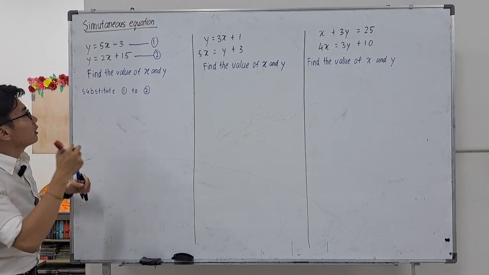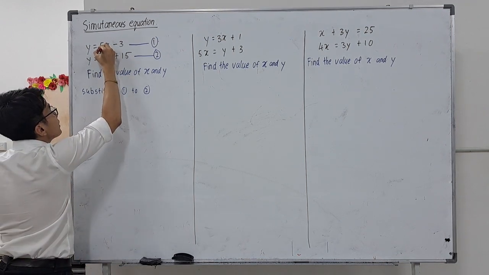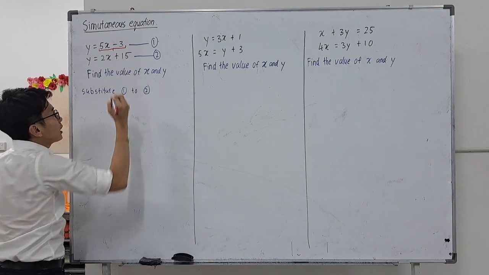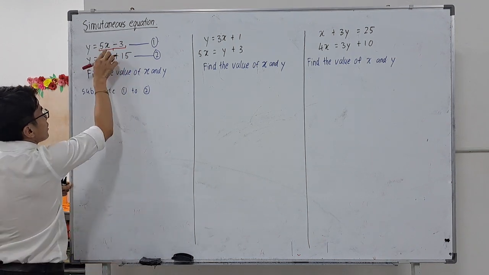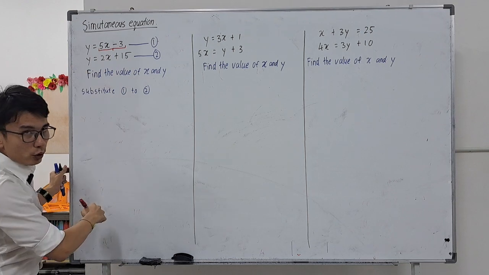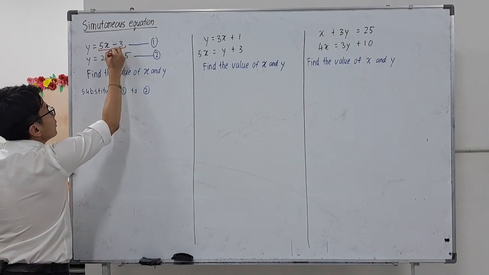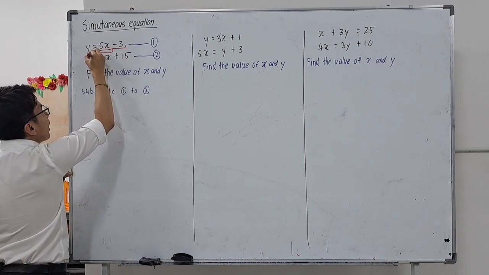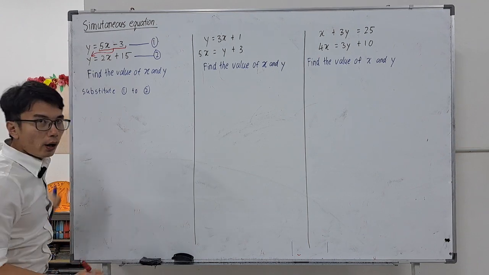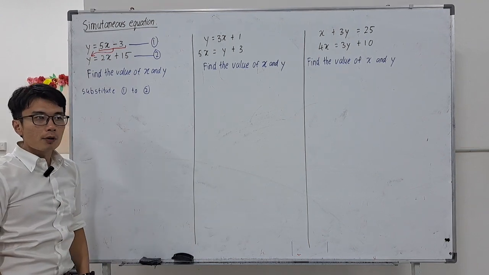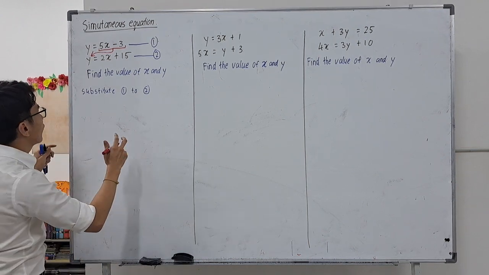So what I'm basically doing is taking this expression in my equation 1, which equals y based on the first equation, and substituting it into this y over here. Okay? Let me write that down first.